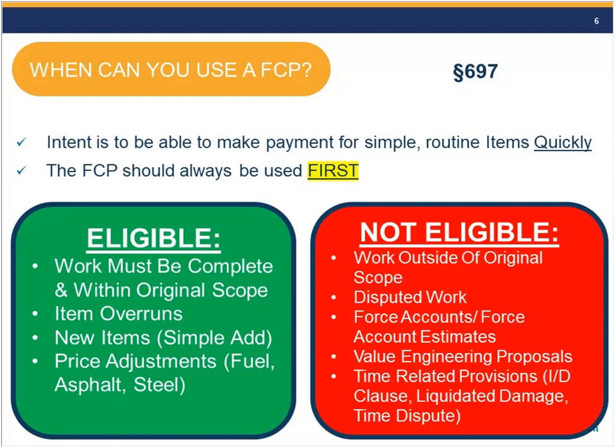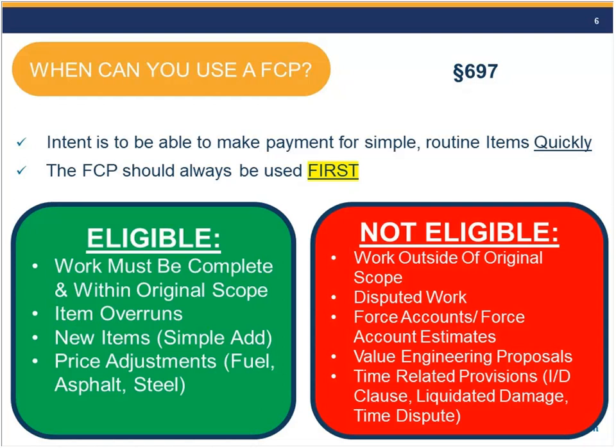And then we can also use it for price adjustments, fuel, asphalt, steel, depending on how much of a swing you have there. You may be able to use this item if you're on a smaller job or a job that's not really incurring very many adjustments and you wait to the end, you may have used this all up. So again, routine items and quickly, that's the main thing.